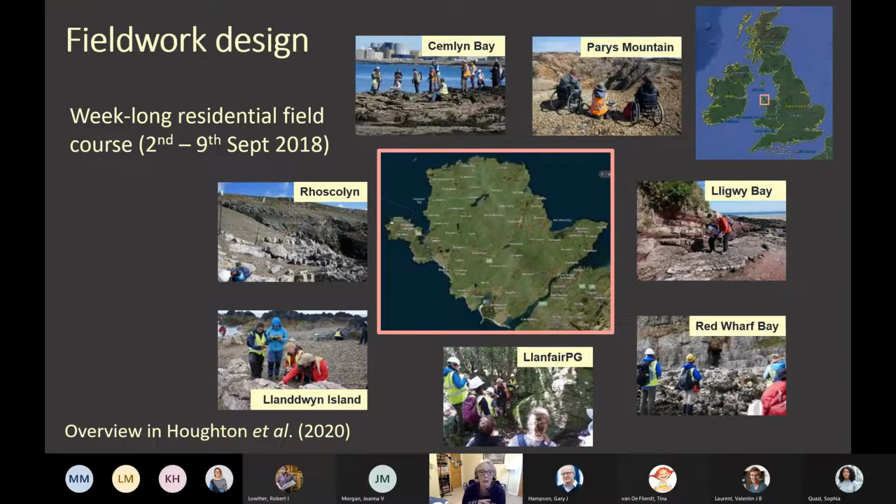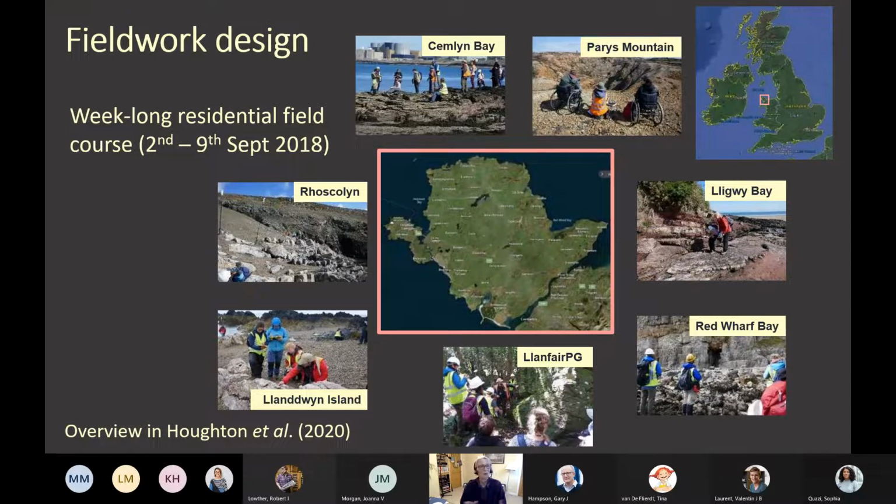They got to encounter rocks from the Neoproterozoic through to the Carboniferous, and geological settings from subduction zones, sulfides, to terrestrial sediments. Over the week, they had quite a meaty task: to take measurements and make observations at these different locations, with the overall aim of building up an understanding of the geological history of Anglesey, which is pretty complicated actually.